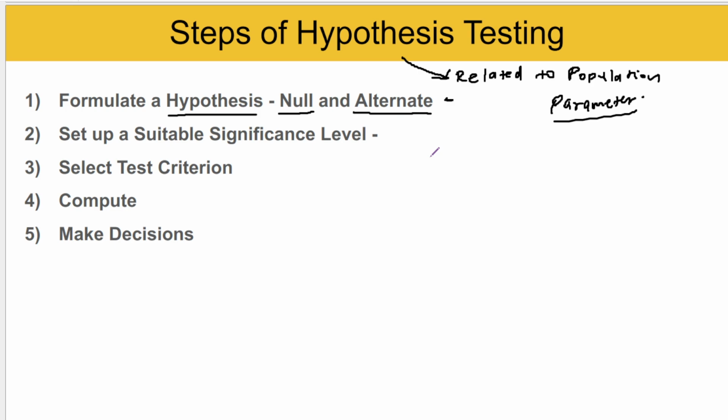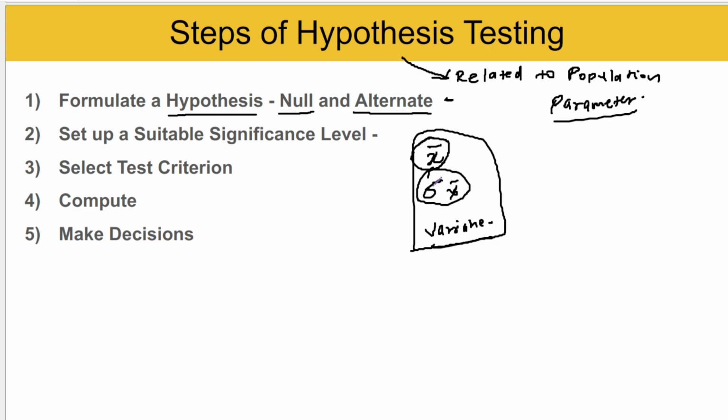Population parameter can be the mean or the standard deviation, or we can have others, like variance. These are the parameters of the population, right? So we are going to formulate our hypothesis in connection to these, or any other parameter if you have.